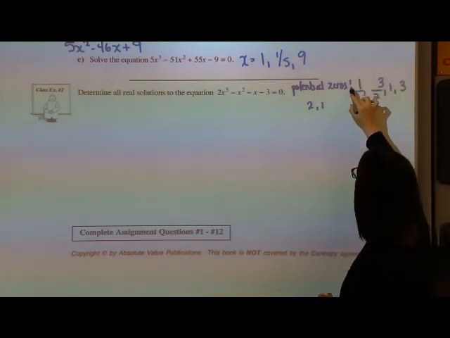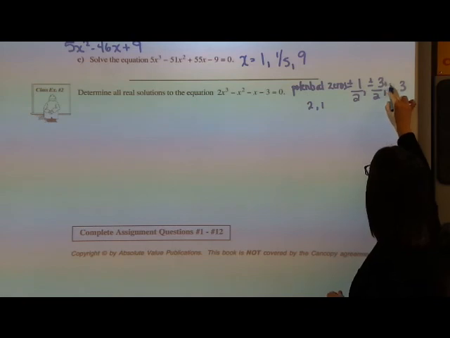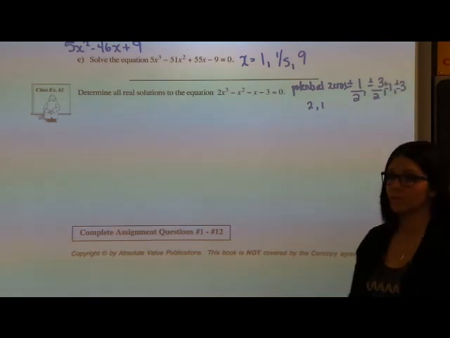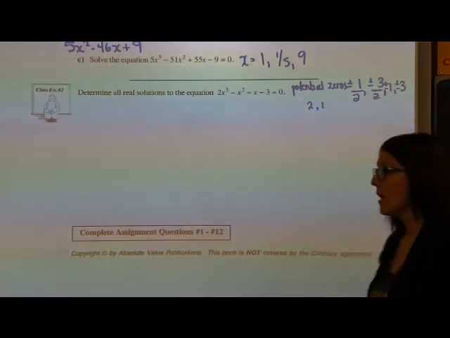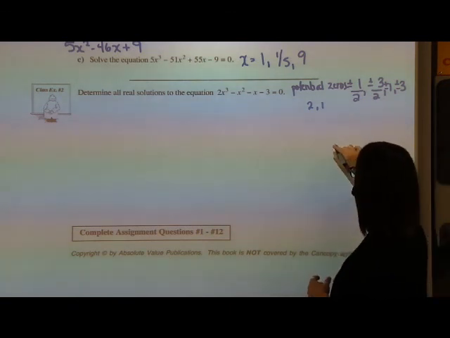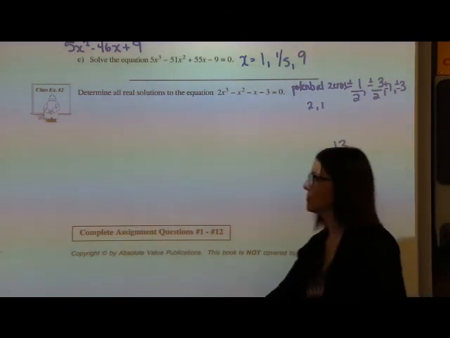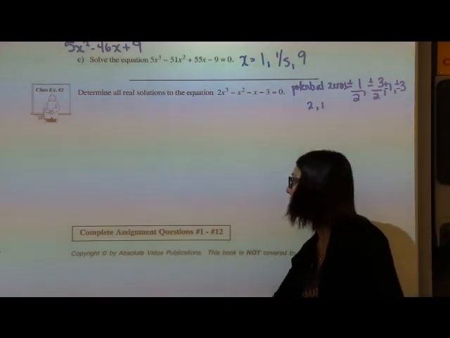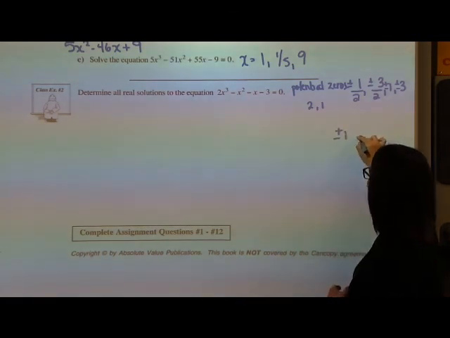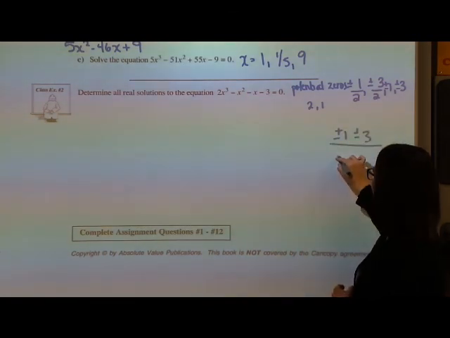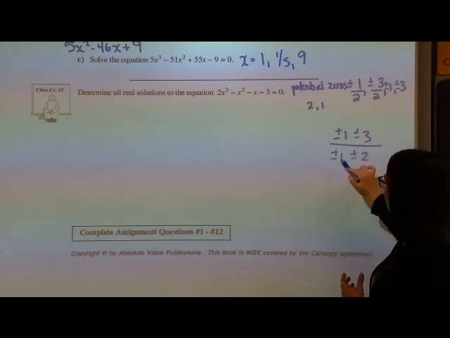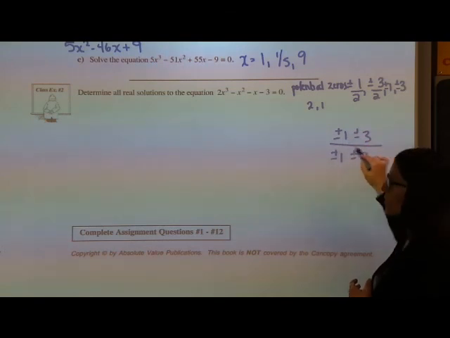And then these are all going to be positives and negatives. So you may find it easier to put the 1 and the 3, maybe not making it look like 13, but the positive 1 and positive 3 over the positive 1 and the positive 2. And then sorting it out so that you can list all of your factors.